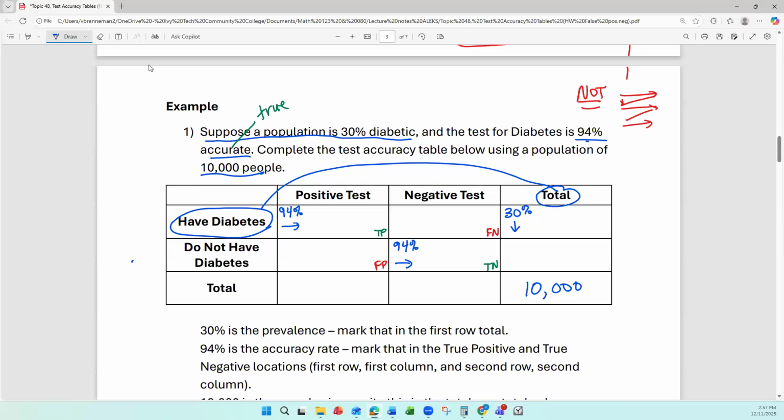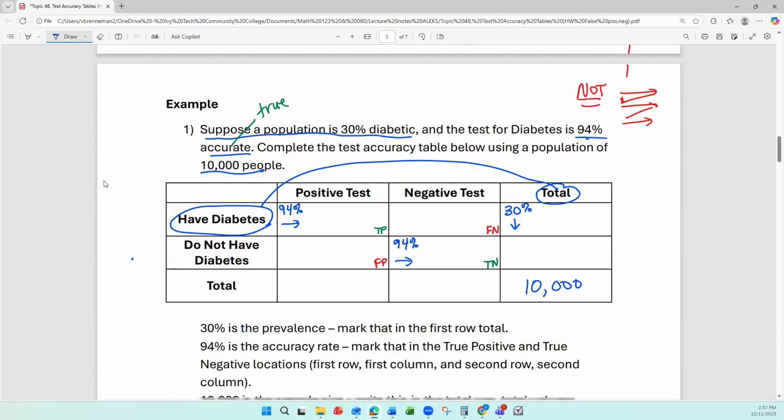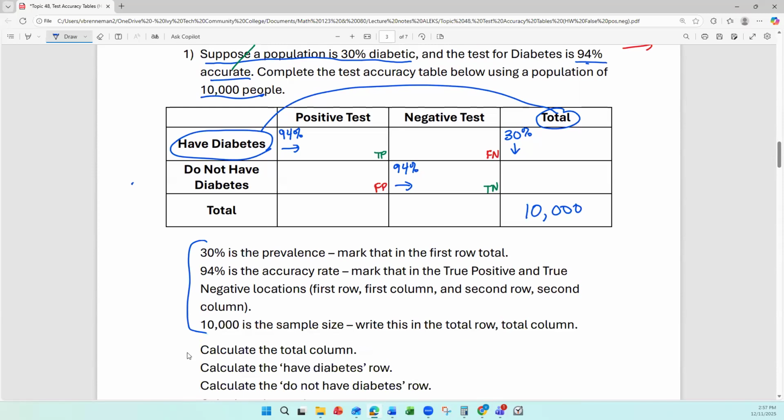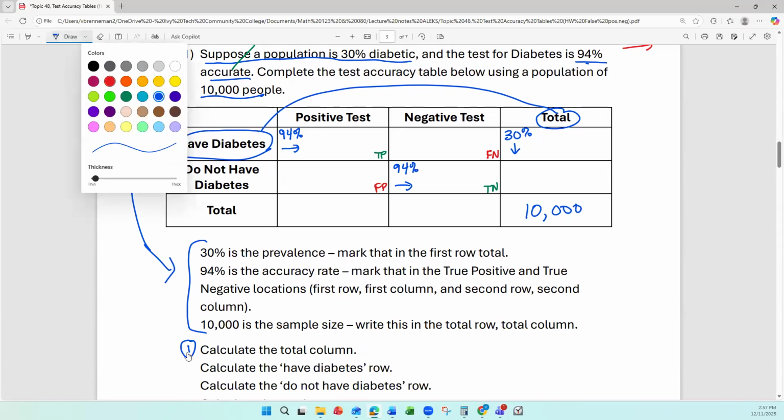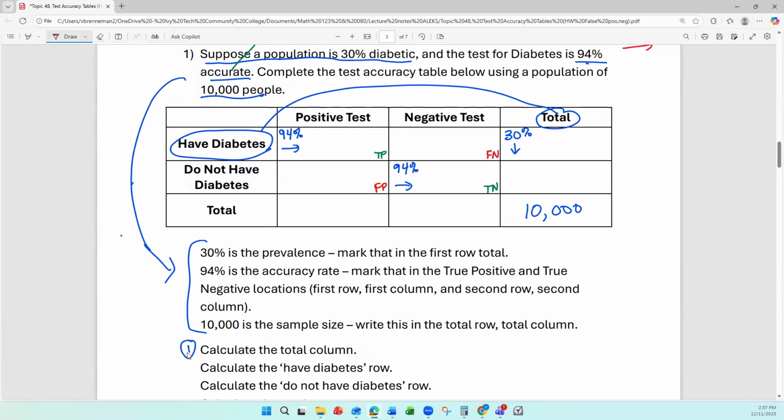All right. So with that given information, that's what this is walking through, just getting the given information in the appropriate places. Then the order you want to do, first thing is figure out the total column. So starting with 30% here, 30% of 10,000 is 3,000.